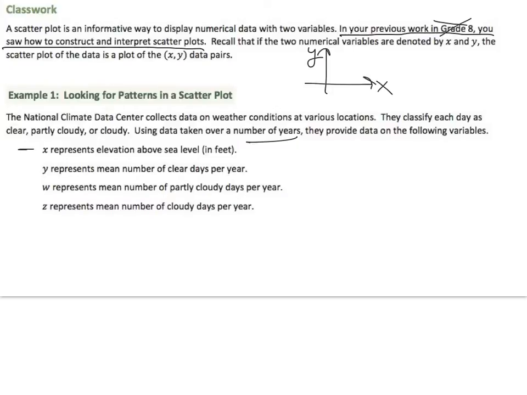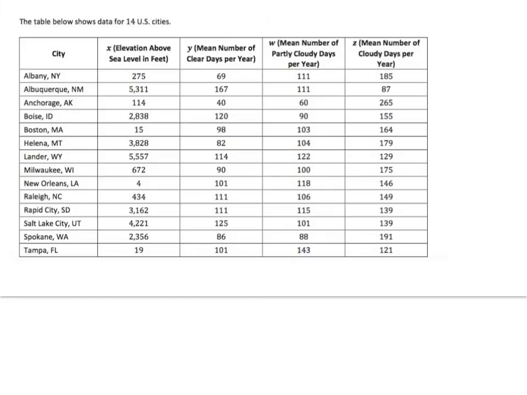So x represents the elevation above sea level, y represents the mean number of clear days per year, w represents the mean number of partly cloudy days per year, and z represents the mean number of cloudy days per year. So we've got x, elevation above sea level, and then lots of different other variables. So we have x, and then y, w, and z.